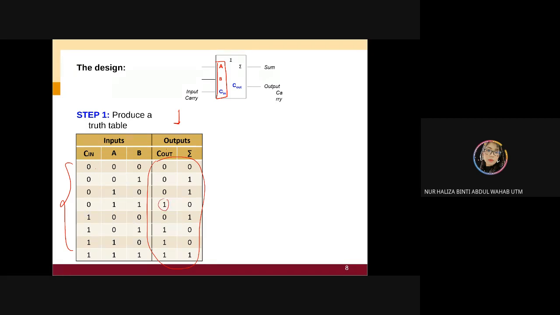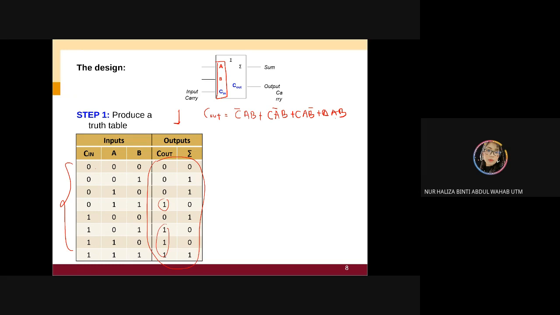This is for my C out. For my C out, it will be C bar AB plus C A bar B plus C A B bar plus C A B. So this is my carry out.